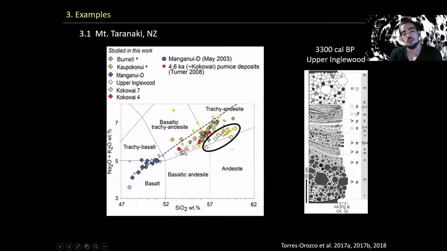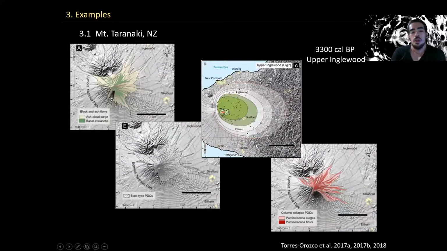This also has a chemical composition characteristic, but those eruption processes correspond to these maps. We can see different things happening during the eruption, from a column which is spreading ash all over the Taranaki Peninsula in the North Island of New Zealand, to different pyroclastic density currents which are moving due to gravity over the volcano flanks.